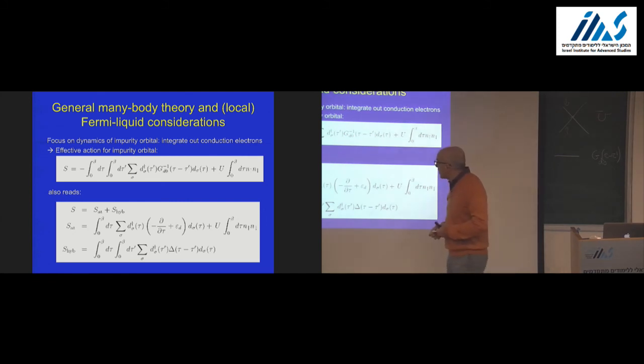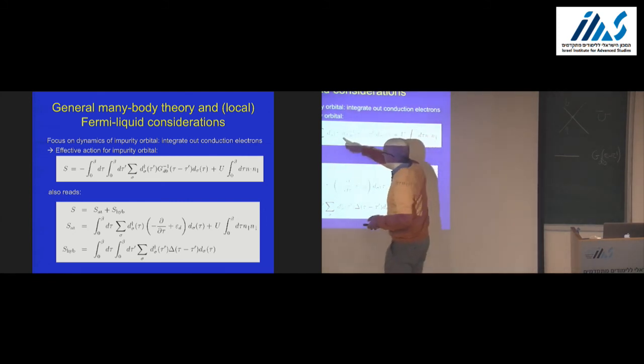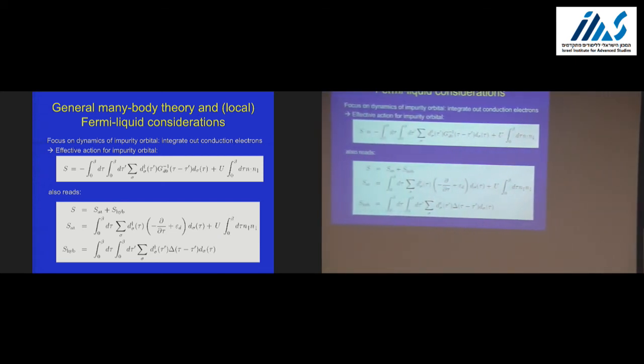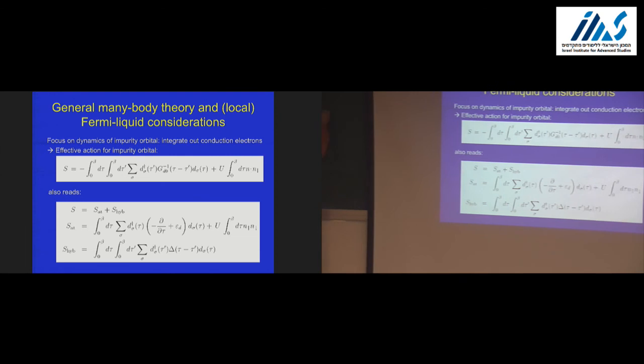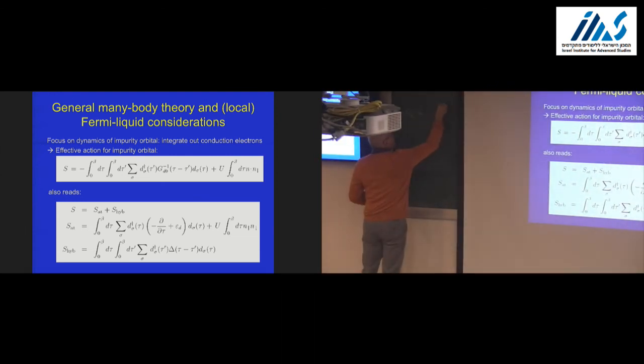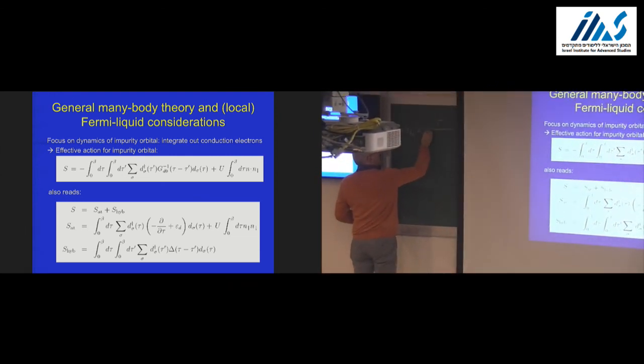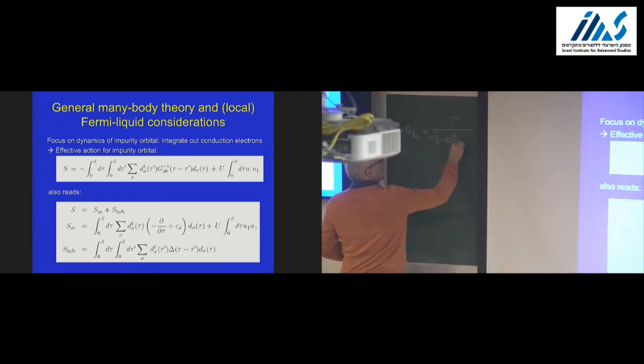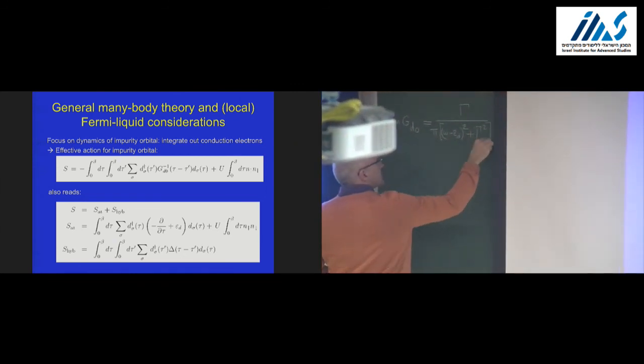Well, it's very simple. Because this guy has a finite density of states, so remember the imaginary part of G_d0 was something like gamma over pi, over omega minus epsilon d squared plus gamma squared, something like this, okay?